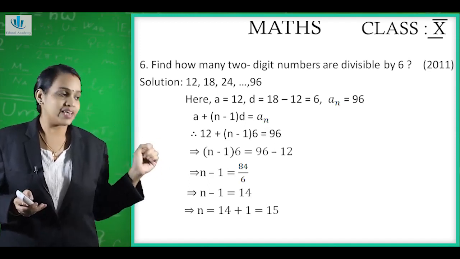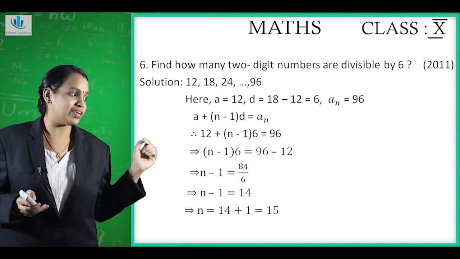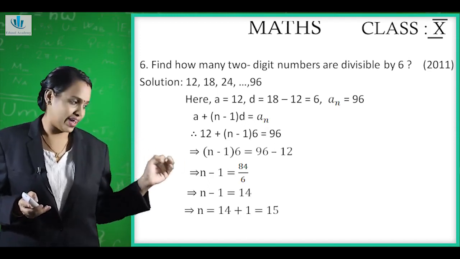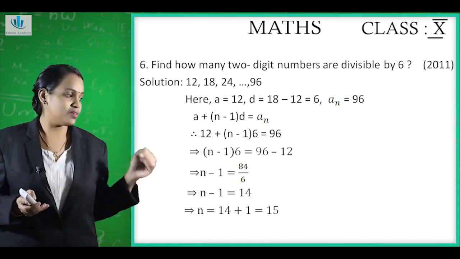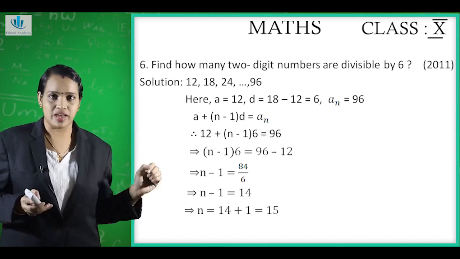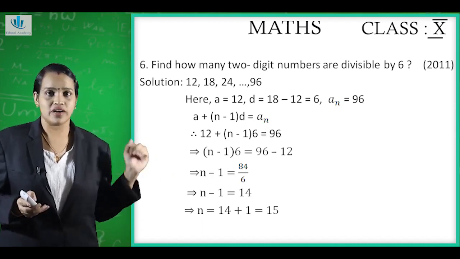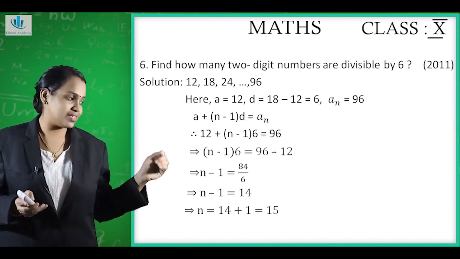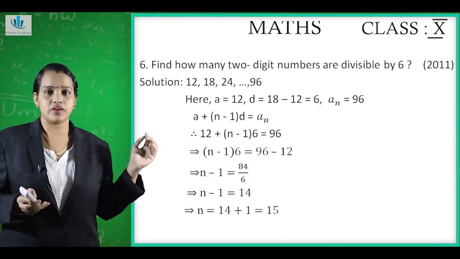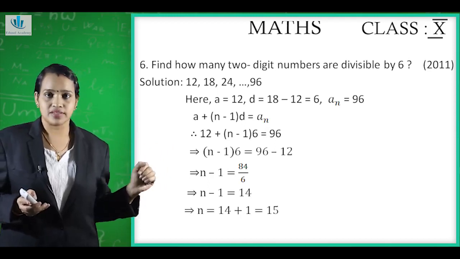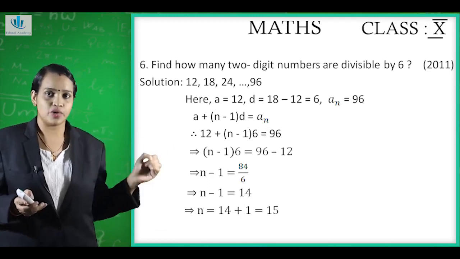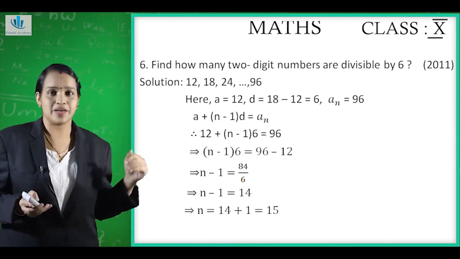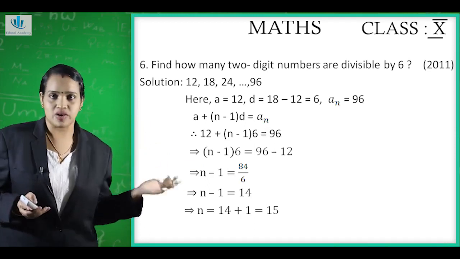Therefore the formula is a plus n minus 1 into d is equal to an. Now we will put the values: 12 plus n minus 1 into 6 is equal to 96. N minus 1 into 6 is equal to 96 minus 12, which is 84.